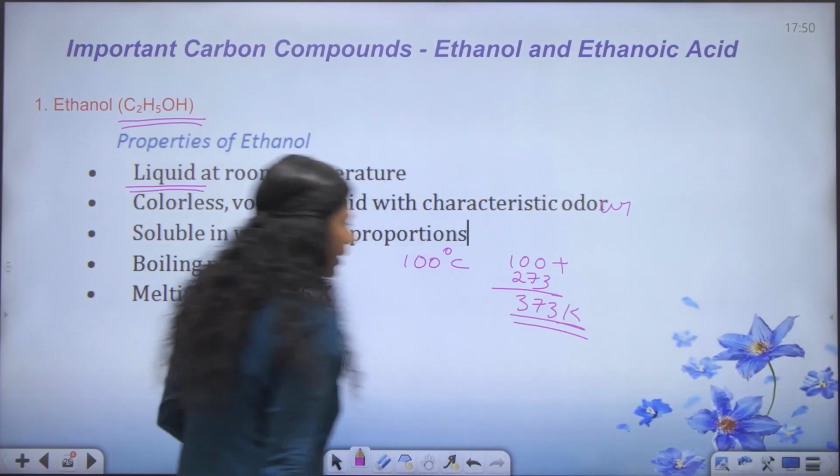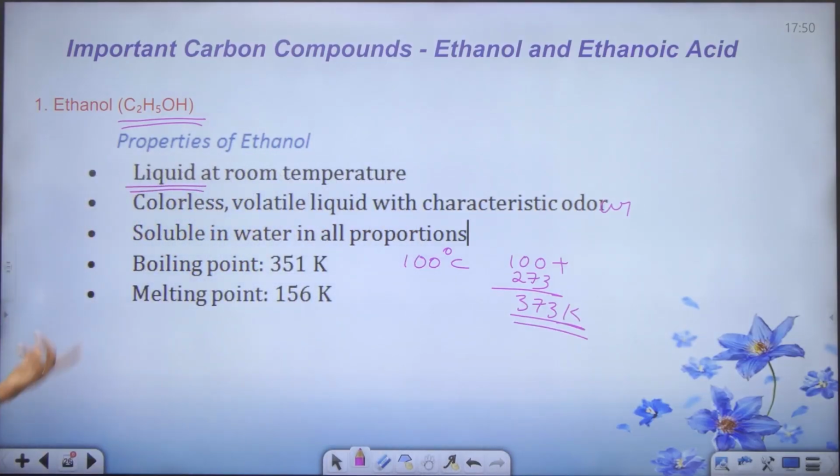The boiling point of water is 373 Kelvin. The boiling point of ethanol is 351 Kelvin, which is less than that of water.